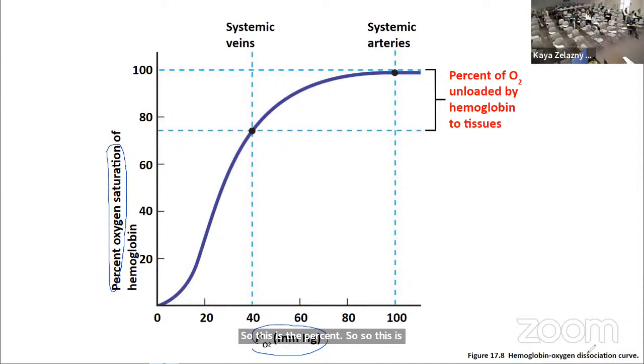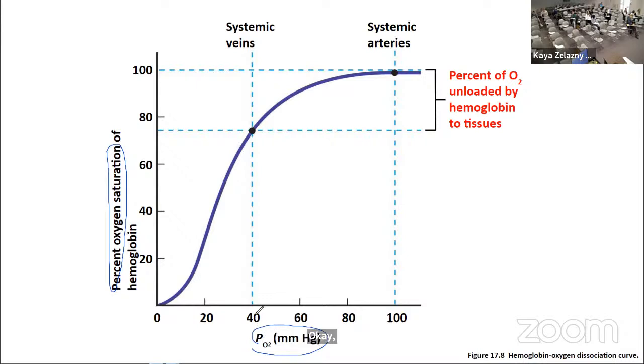So this is our hemoglobin oxygen dissociation curve. Dissociation refers to like dissociating, like pulling apart. So this curve can tell us how much oxygen we're going to be peeling off those hemoglobin molecules in order to give them to our tissue. Okay, so not a time scale.